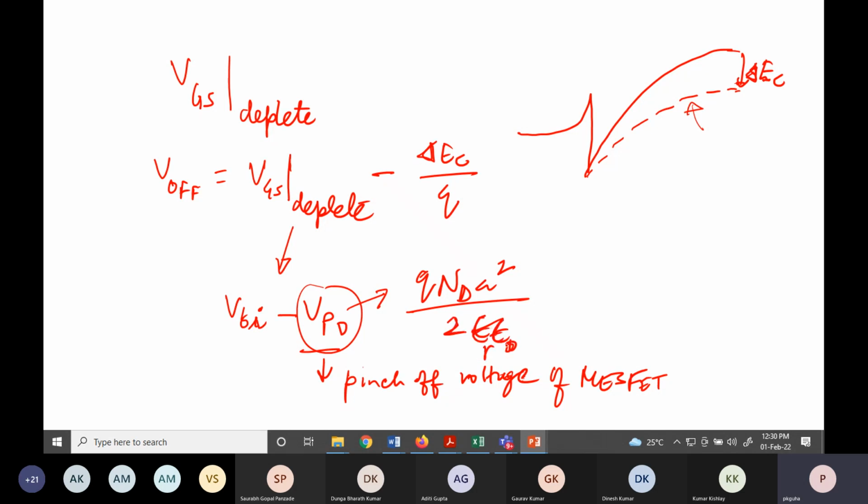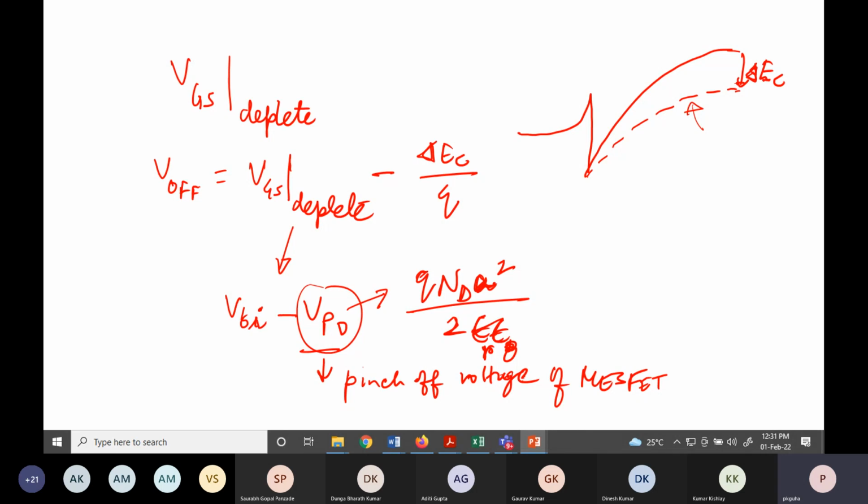You don't have to remember this, I am just mentioning this expression for the sake of discussion. If you want, you can memorize it. A is basically the thickness of the aluminum gallium arsenide layer, the thickness of the N plus layer, right?